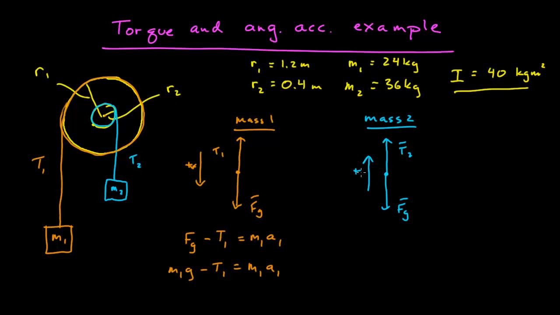Given this choice of coordinate system, the magnitude of the tension force is the positive component in my positive x direction, and the magnitude of my gravitational force, pointing in the negative x direction, is equal to the mass of this one object, m2, times the acceleration of this one object, a2.